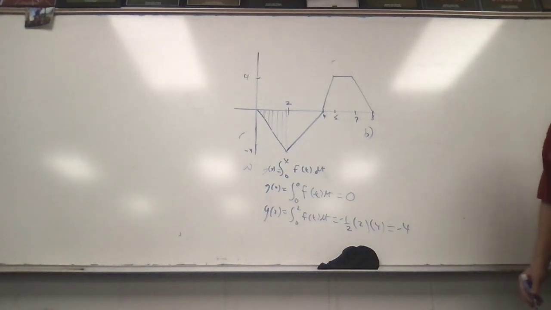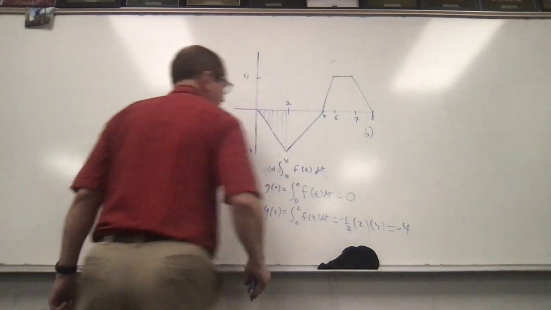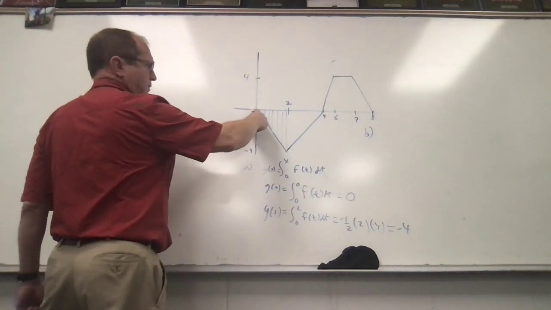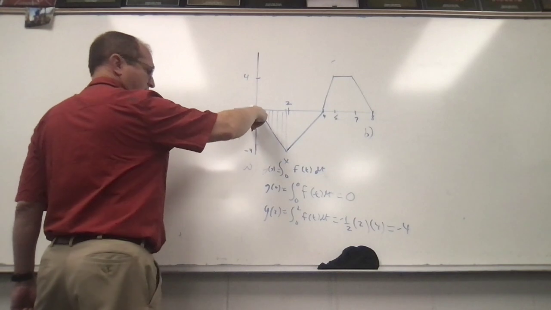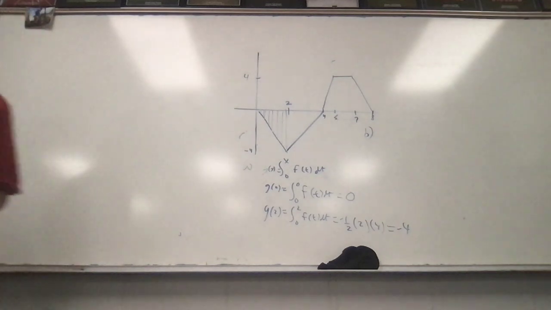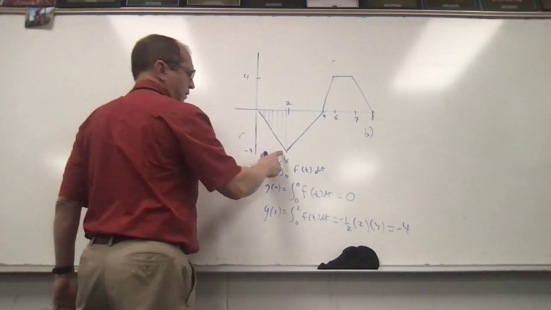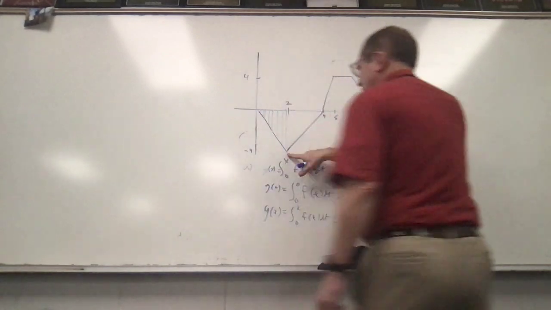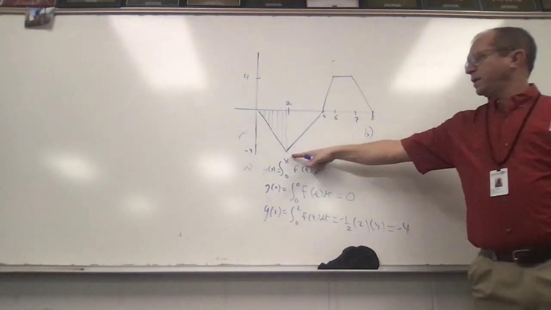Now, g is going to be, it starts off at 0, right? And g decreases from 0 to 2. That should make sense. We start out at 0, and at g of 2 we're at -4, so we see that we're decreasing here. Now, the trick here is that f is increasing from here to here.